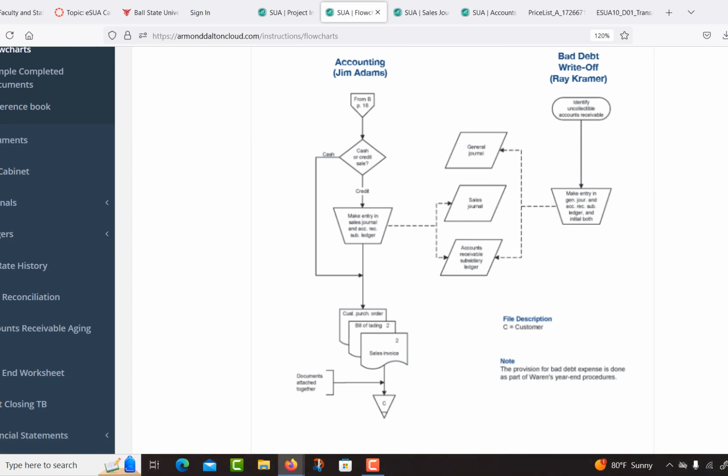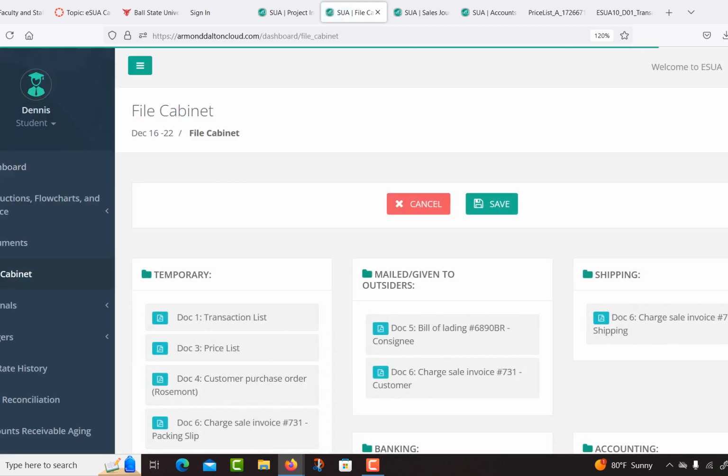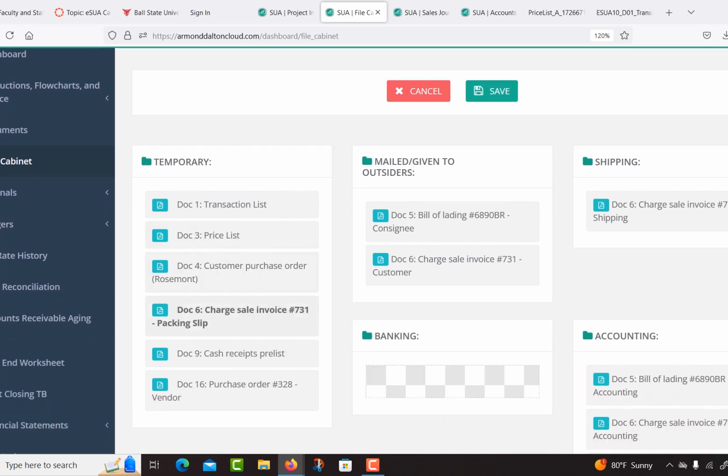So when you get this, you're going to go over to the file cabinet. And when you open the file cabinet, you're going to find these different files. You have a temporary list, and whatever you're using is going to pop up in here.